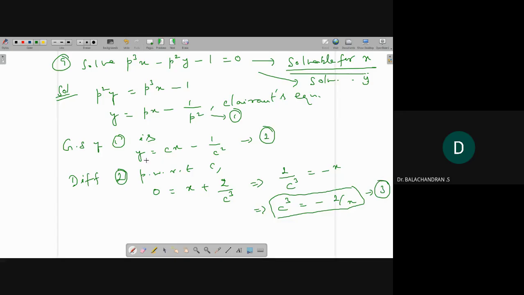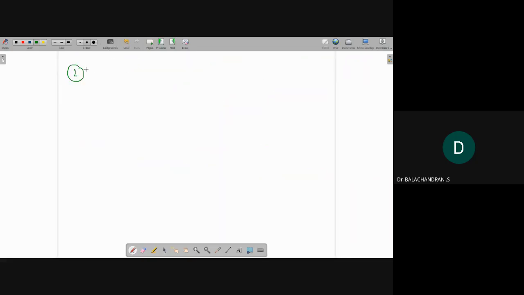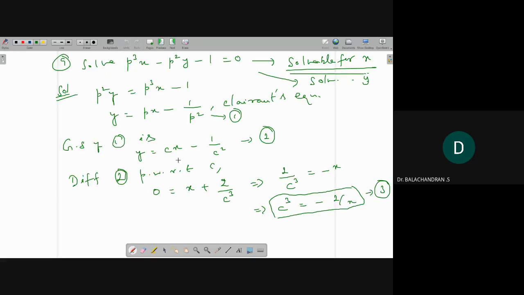Now in equation 2, I'm going to multiply throughout by c square. If I multiply throughout by c square, equation 2 implies c square y equal to c cube x minus 1.